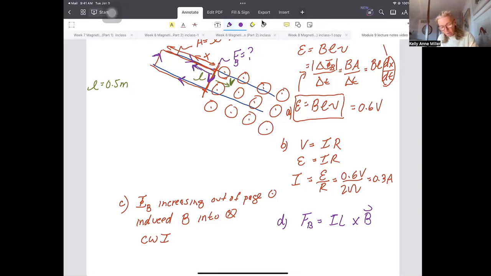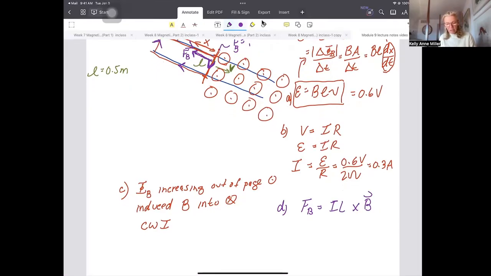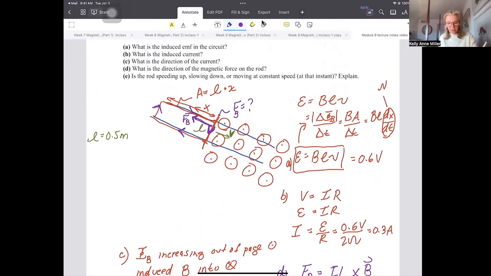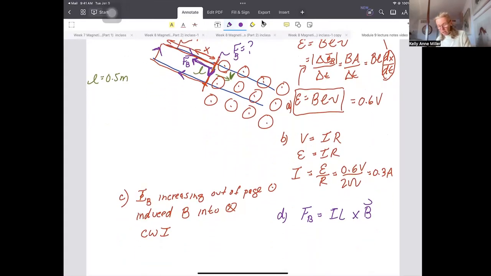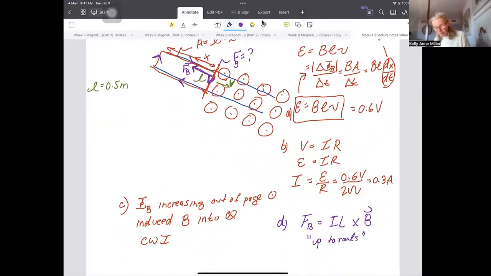So the magnetic force is pointing in this direction here. So in answer to part D, it's going to be up the rails, like I drew it on there, you can see.